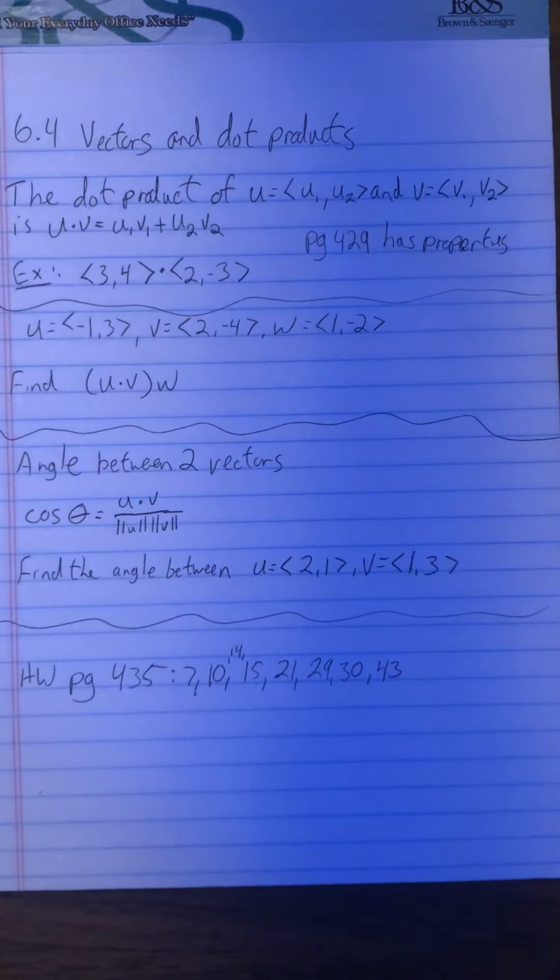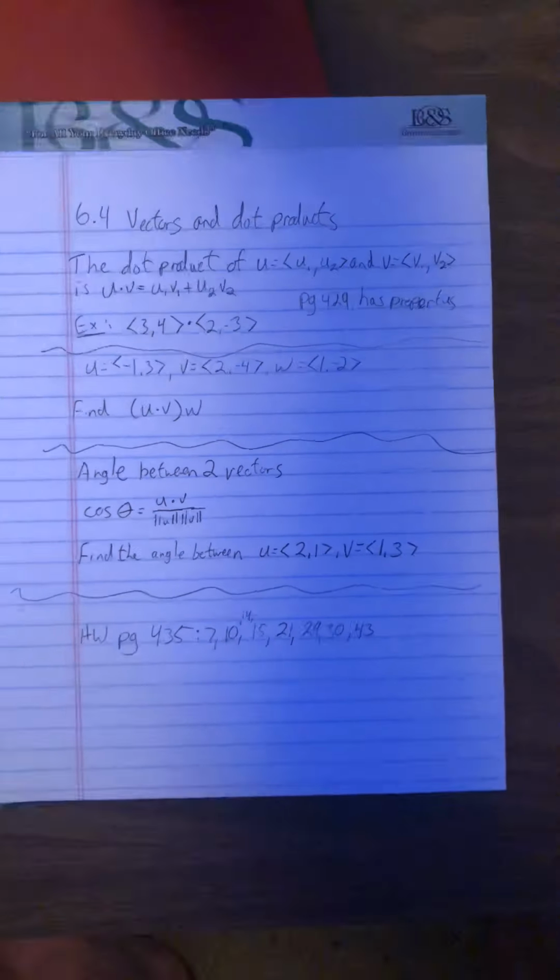The example we're going to use here, keeping it simple, we have u = <2, 1> and for v we have <1, 3>. When we get done with this, I want you to round your answer to the nearest hundredth.